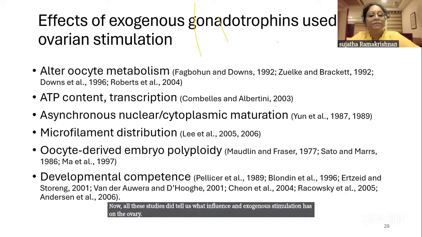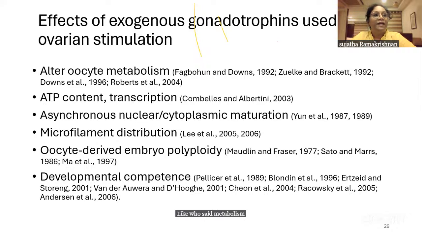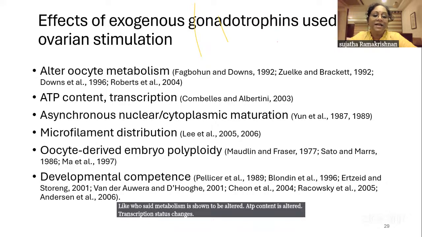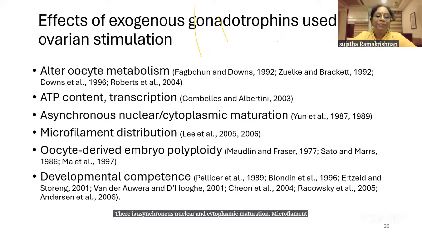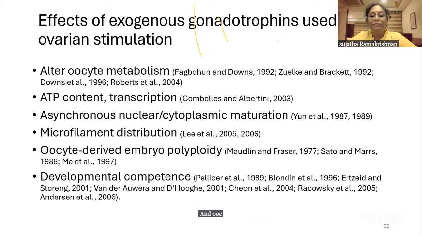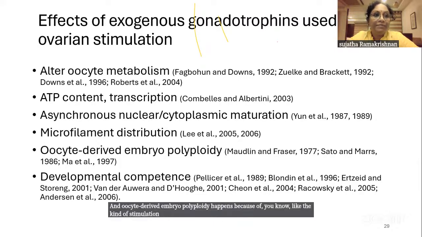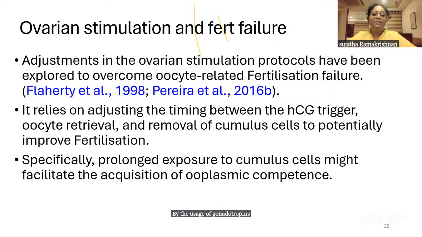Oocyte metabolism is shown to be altered, ATP content is altered, transcription status changes, there is asynchronous nuclear and cytoplasmic maturation, microfilament distribution gets disturbed, and oocyte-derived embryo polyploidy happens because of the kind of stimulation, and the developmental competence of the oocyte will also get compromised. So all these factors are definitely involved with the usage of gonadotropins during ovarian stimulation.